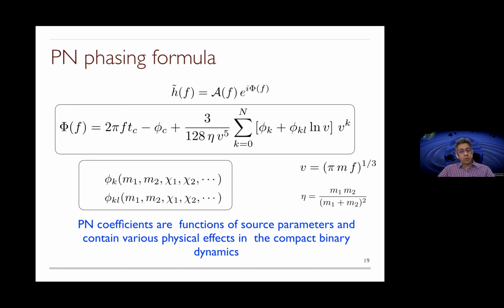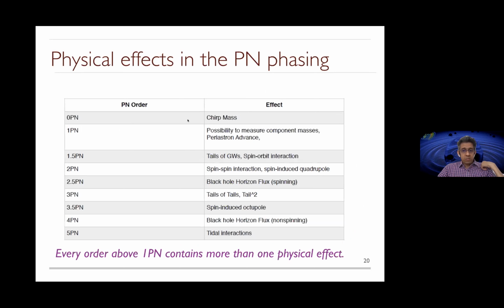Basically, the post-Newtonian coefficients are functions of source parameters, and they carry various physical effects, because when the wave propagation happens, there are many interesting nonlinear interactions as the wave propagates, and they're all captured by these various post-Newtonian terms. So let's quickly examine what they are. We can forget about the first two, there's nothing to it.